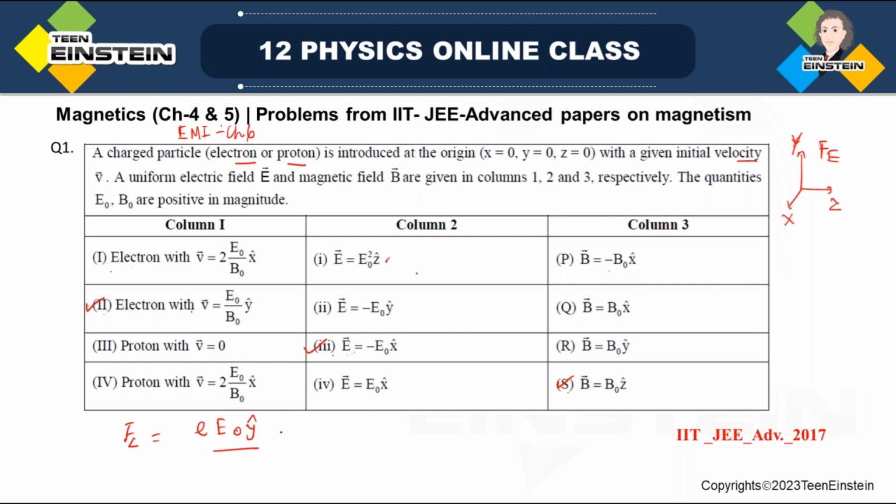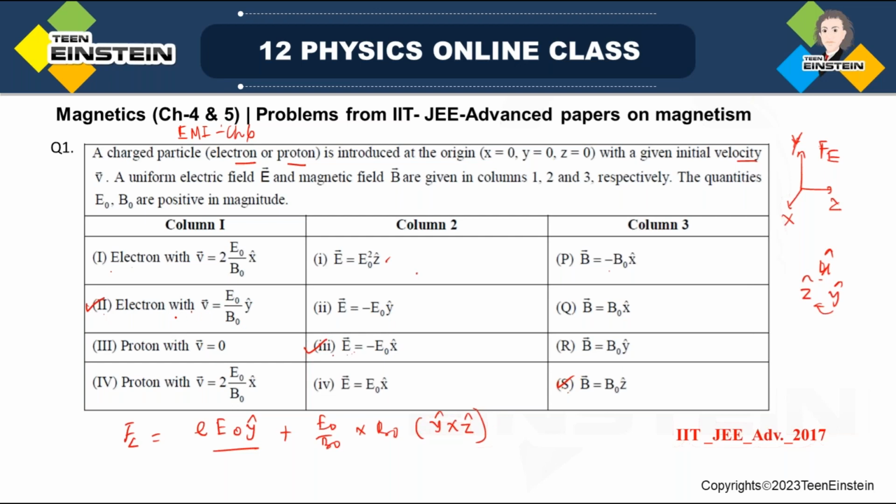Now this is the electric force, then the magnetic force has to be V cross B, E0 by B0 times B0, and it is Y cross Z. I know X cap, Y cap and Z cap. YZ will give you X cap, right?